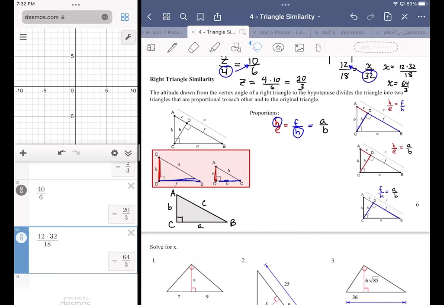So we could have a whole fresh set of triangles that come into play if we're not careful. So what we want to be able to do is look at the triangles and get a sense of what the corresponding congruent angles are so that we can go from there.